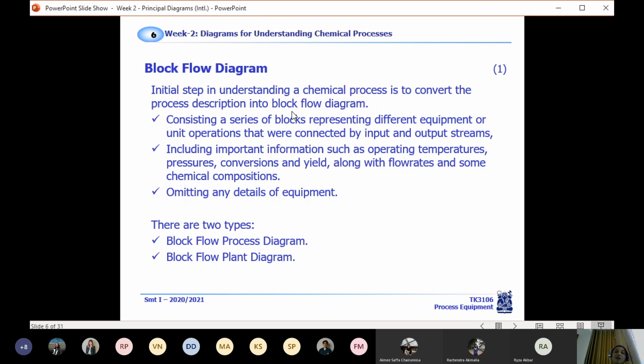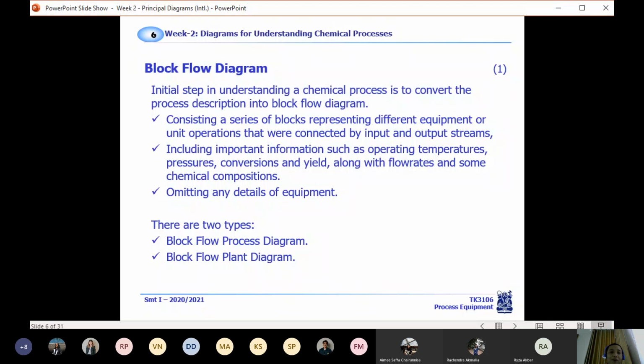So this is the simplest process flow diagram, but usually, before jumping to the PFD, we have to understand this block flow diagram first.